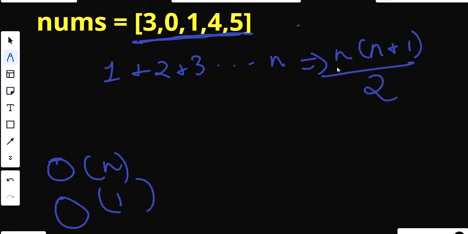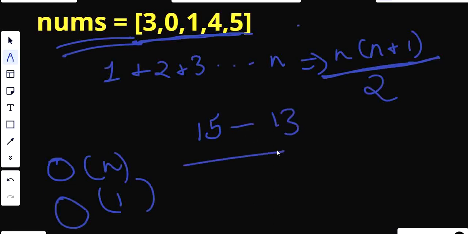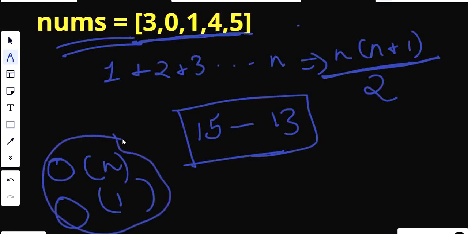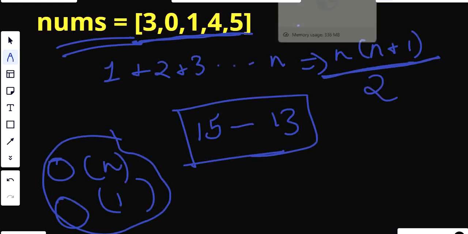So we can use this formula and calculate the expected sum, which in this case was 15, and then we can run a loop over nums and obtain a sum, which was 13, and then we will return the value which we get after subtracting. So this was the most efficient one, and logically as well this is a pretty straightforward question.